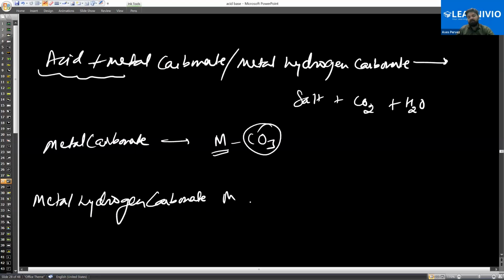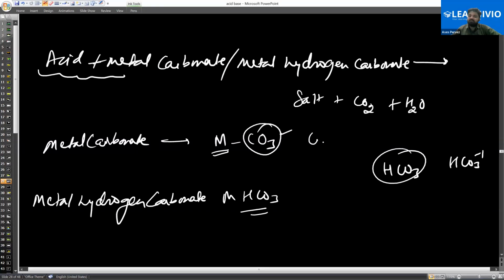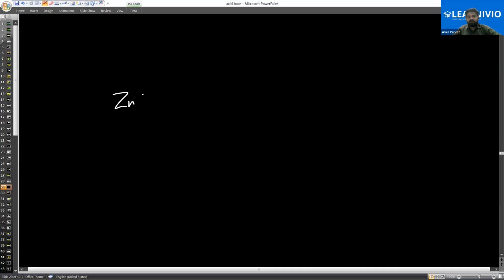And metal hydrogen carbonate is MHCO3. HCO3 is the hydrogen carbonate group, whose valency is -1, and carbonate valency is -2. For example, the zinc carbonate formula is ZnCO3 because both have two valencies, so they cancel out. Similarly, the calcium carbonate formula is CaCO3.